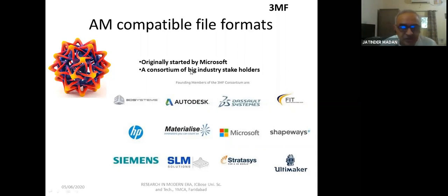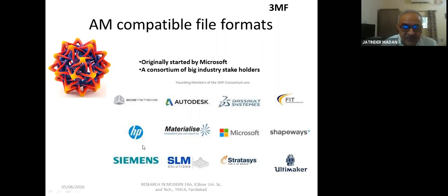So it is a consortium of big industry stakeholders like 3D Systems, which develop or manufacture additive manufacturing machines. Then you have other manufacturers like Stratasys and Ultimaker. So these are the companies which are into 3D printing, and these are the CAD software companies.